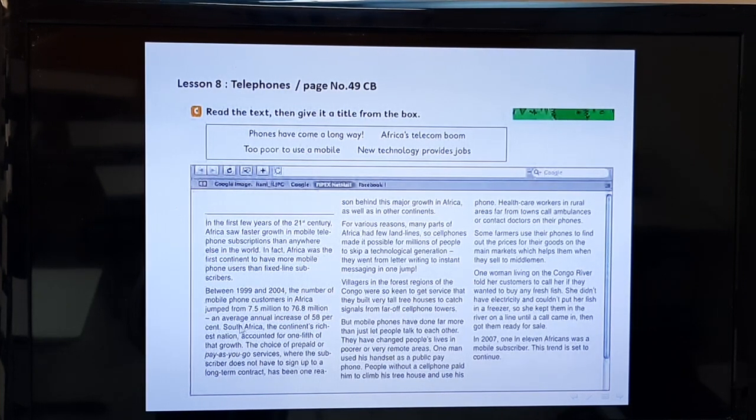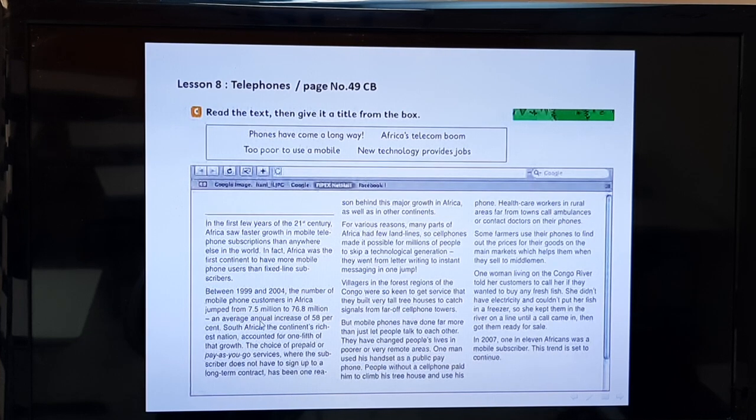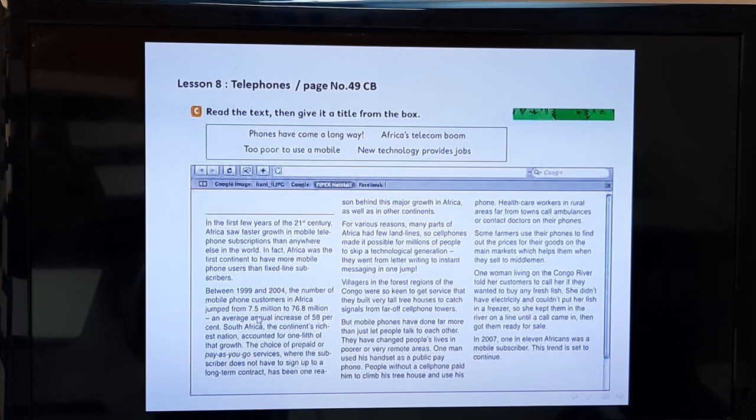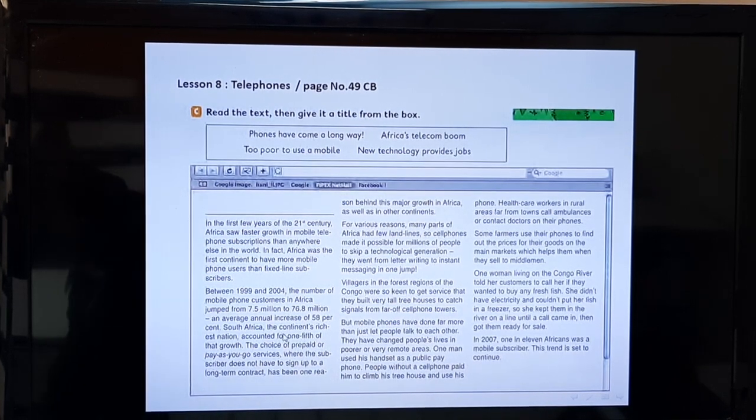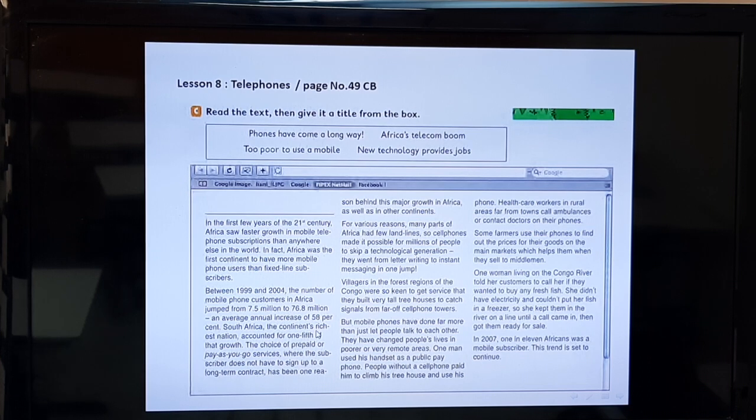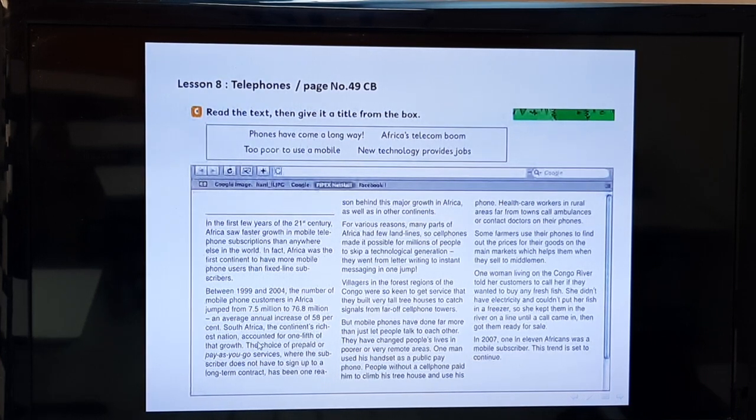On average, annual increases, so annual means every year, of 58%. South Africa, the continent's richest nation, accounted for 1/5 of that growth.